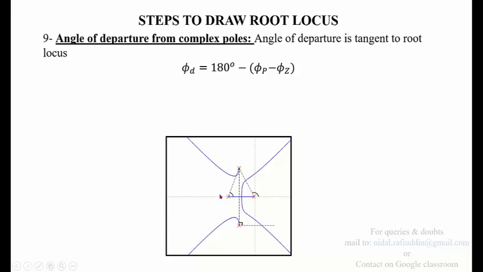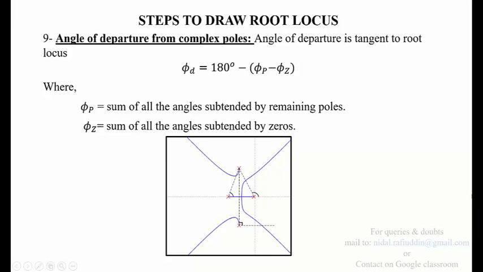Had this system had a zero, let's say we had a zero somewhere here, in that case we would have measured this angle, let's say theta or 30 degrees. So this angle would have contributed to phi z, and after substituting the values corresponding to phi p and phi z, we compute the angle of departure phi d.